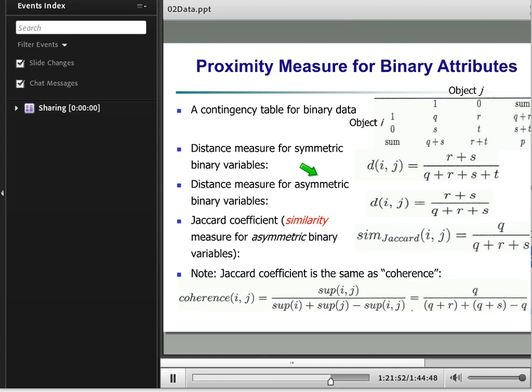Distance between I and J is R plus S divided by Q plus R plus S, if our binary value is asymmetric. Asymmetric means that the number of cases in an attribute is not unique.